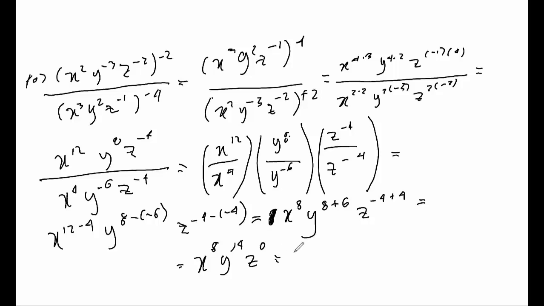So that means we have x to the 8, y to the 14, and then times 1, because anything to the 0 power is 1. So there we just rewrite it, x to the 8th and y to the 14th. And now we are finished simplifying this really complicated expression into something that truly is rather simple.